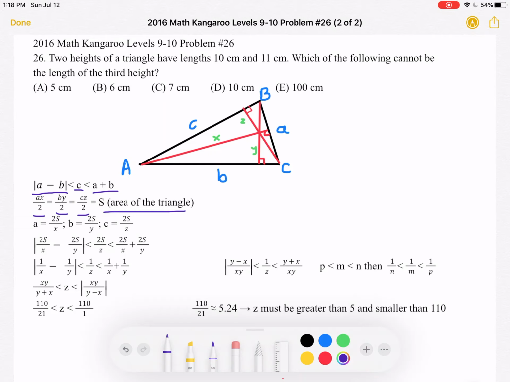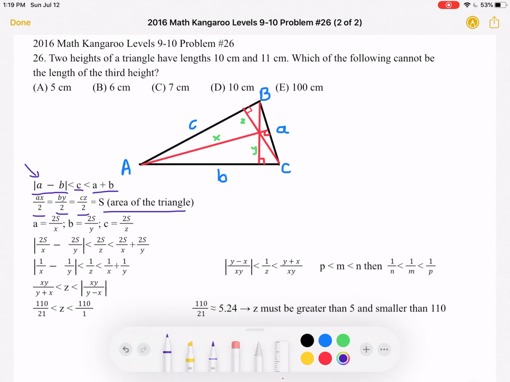Now we want to solve for the sides a, b, and c because we want to be using this inequality over here. And the only way we can relate the sides and the heights is by substituting one for the other.